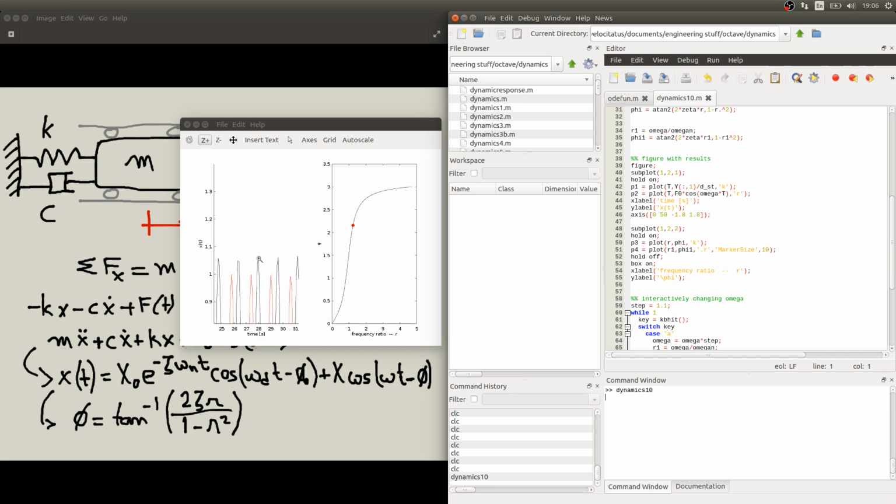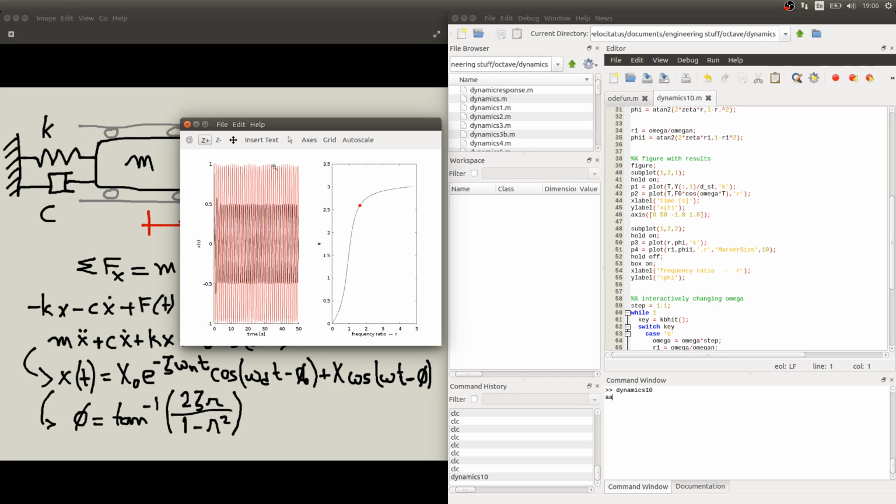The displacement peak keeps going forward and forward in relation to the peak in the force as function of time here. And this is what this curve is telling us, that as we keep increasing the frequency, the phase angle increases as well.